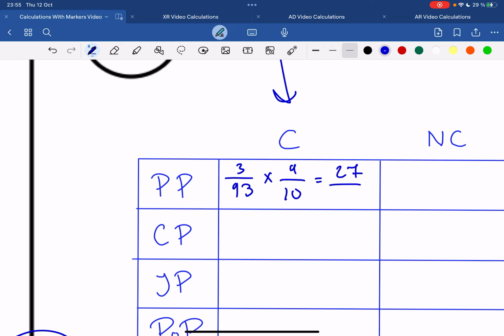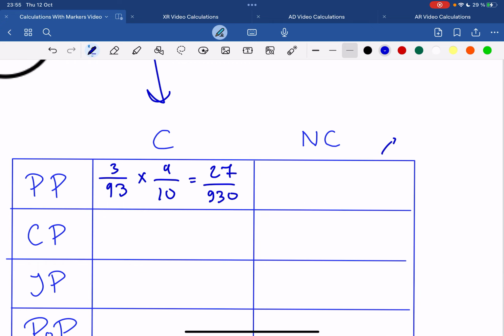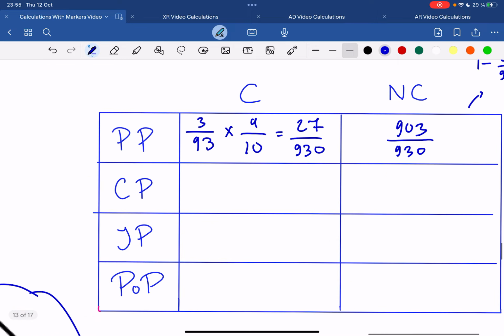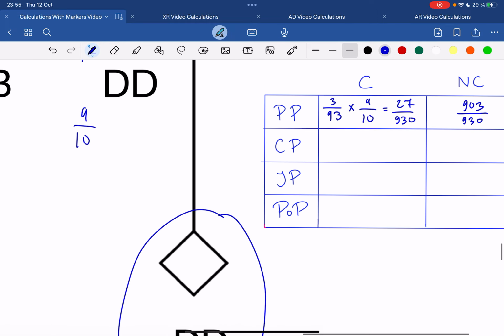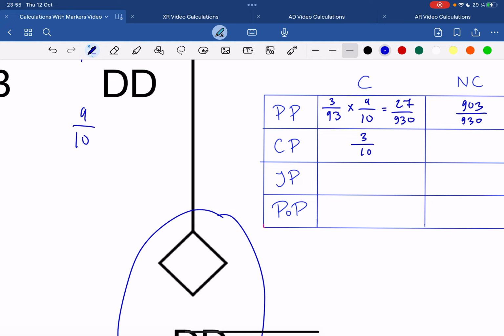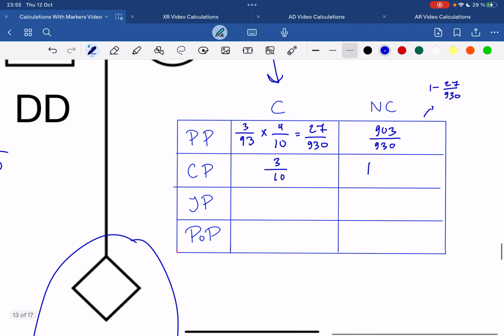And that is equal to 27 over 930. So non-carrier would be 1 minus 27 over 930. And that is 903 over 930. For conditional probability, it's same as always. It's 30%. So 3 over 10. Here would be 1. Joint probability is the previous ones times one another. So 81 over 9,300 here.